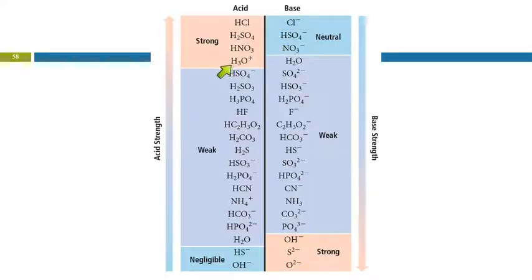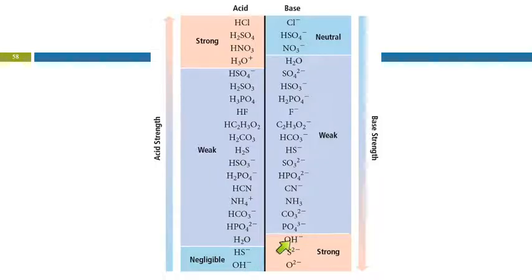The conjugate base of H3O plus is water. Water does act as an acid and as a base, but both of them are weak. And then as we go down here, the acids are getting weaker and weaker, but the conjugate bases are getting stronger and stronger. So it's a trade-off.